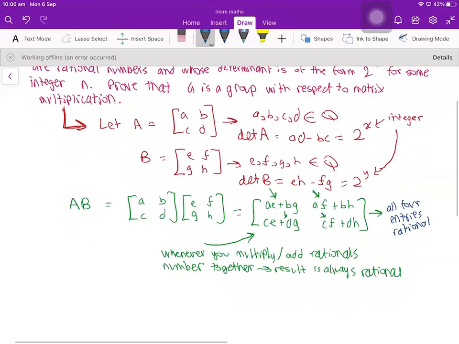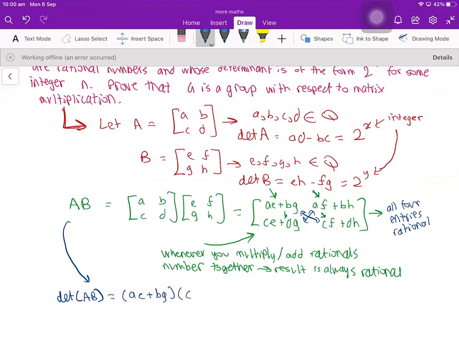Now we'll have a look at the determinant of matrix AB. This will equal this times this minus this times this, which is AE plus BG times CF plus DH, minus AF plus BH times CE plus DG.